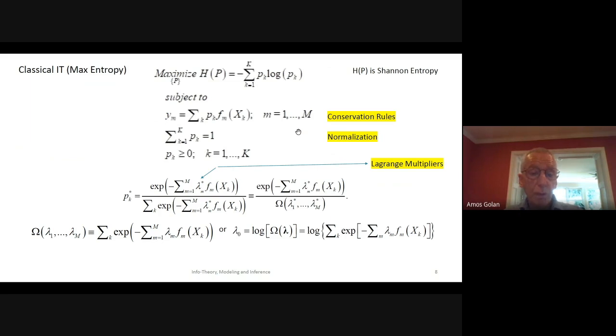Okay, so it's basically just the simple mean. And I wrote here a function f sub m, meaning that it doesn't necessarily have to be linear, but of course, it could be linear as a special case. And those are the normalization. And of course, as we saw in the simplex, all the p's have to be non-negative and sum up to 1.